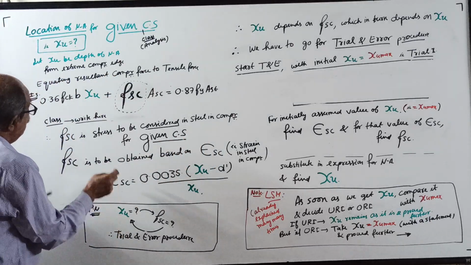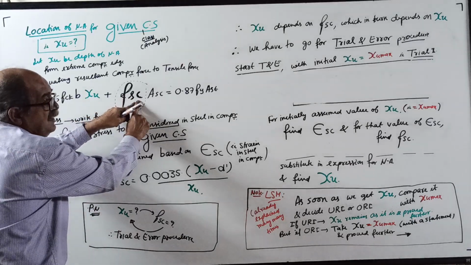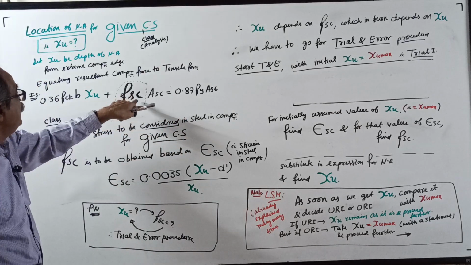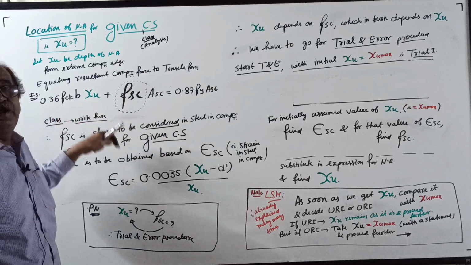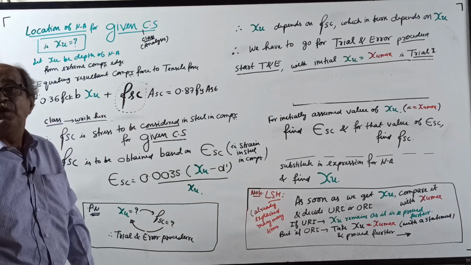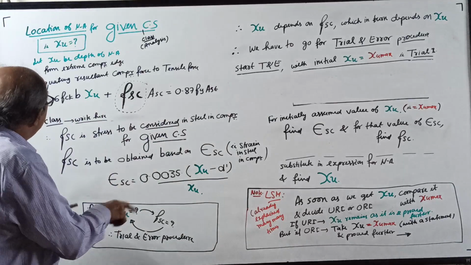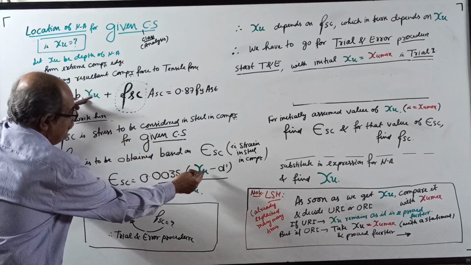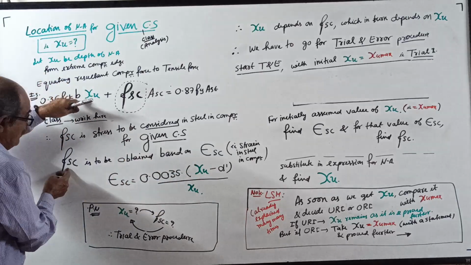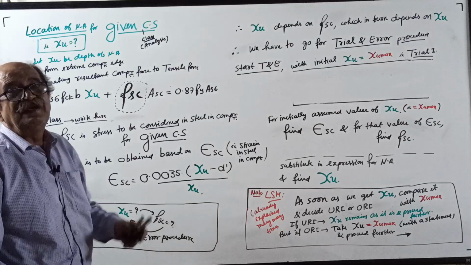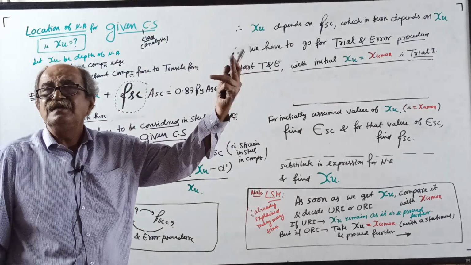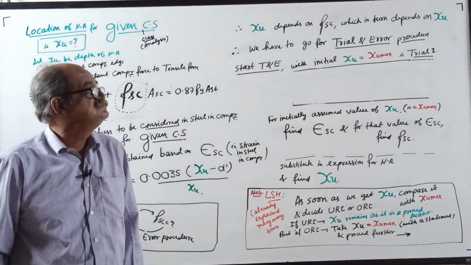So without knowing FSC, we cannot get the value of XU. But reverse, without knowing XU, you cannot get the value of FSC. This depends on that one, that depends on this one.